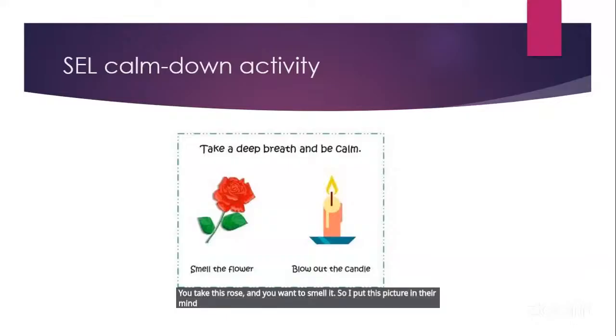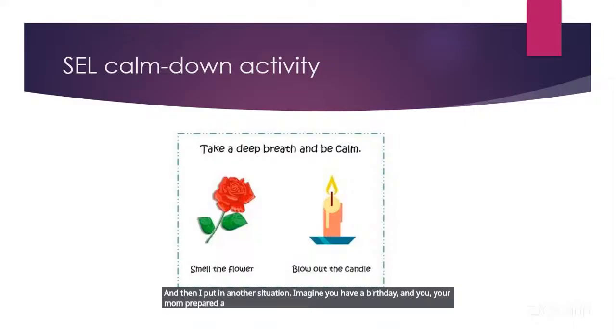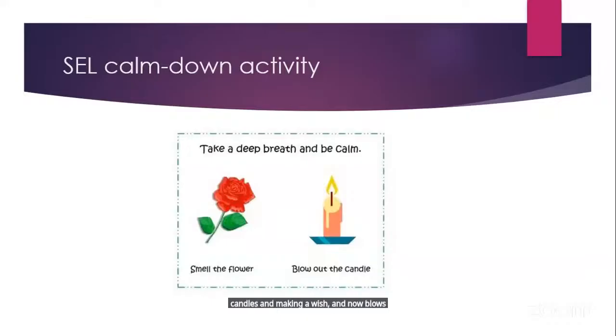They imagine that beautiful garden and that flower, and I ask them to smell that flower, and they're smelling it, breathing it. And then I put them in another situation. Imagine you have a birthday and your mom prepared a very beautiful cake with candles according to your age, and you are going to that cake and blowing all these candles and making a wish. Now blow those candles, and they start to blow.